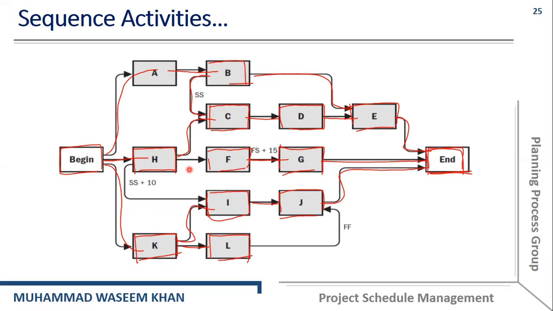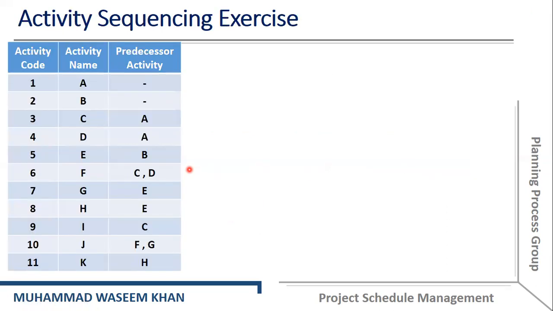I'll try to discuss another example with you so that you can easily understand it. This is called the activity list. Here we have the activity list: activity A, B, C, D, E, F, G, H, I, J, K. These are the activity names, these are the activity codes, and these are the predecessor activities. If we have any one of the predecessor or successor activity lists, we can draw a network diagram.